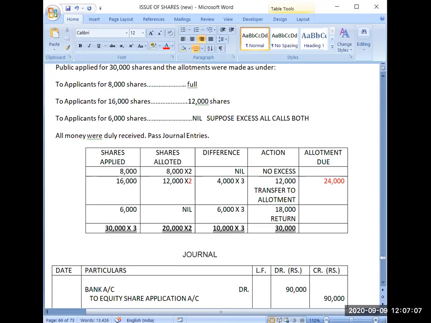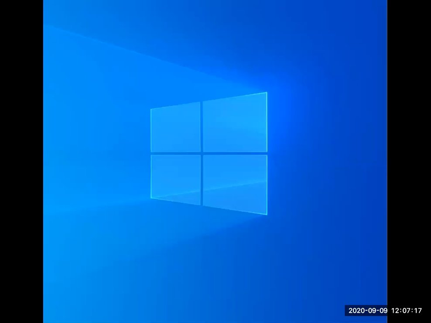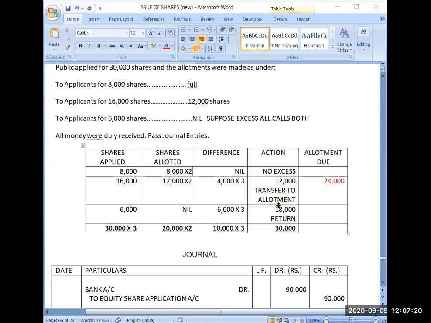How much money is due from this category on allotment? First category. Yes, 16,000. And how much money is due from the third category? This category. Nil. Because I have not given them any share, then how can I ask them to pay allotment money? So it will be nil.